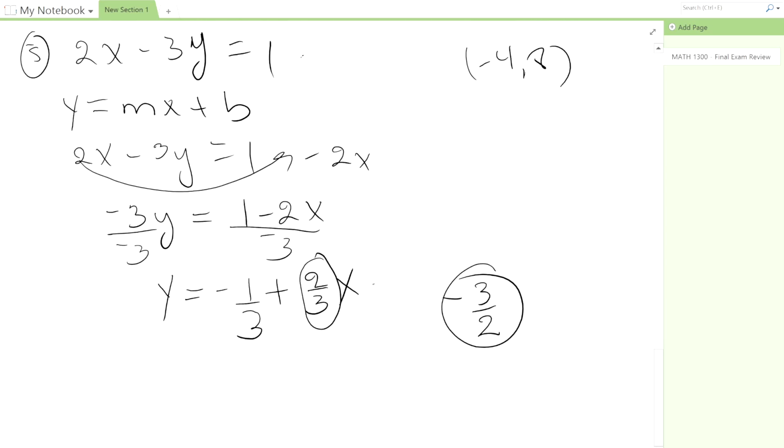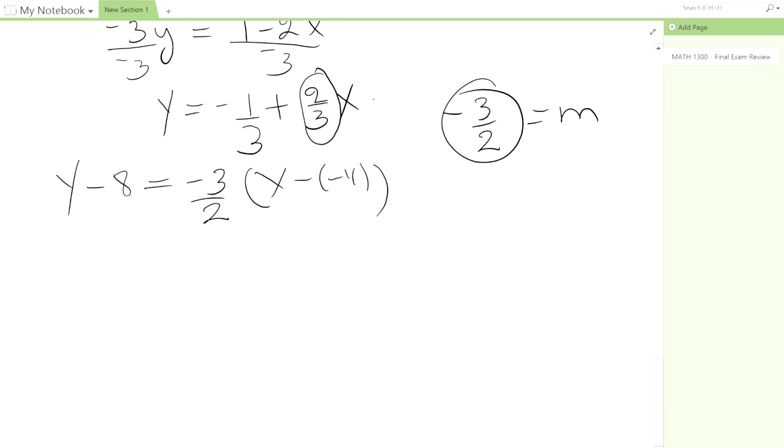So I'm going to use that negative 3 over 2 as my m, because it is perpendicular to the line with the slope of 2 over 3.